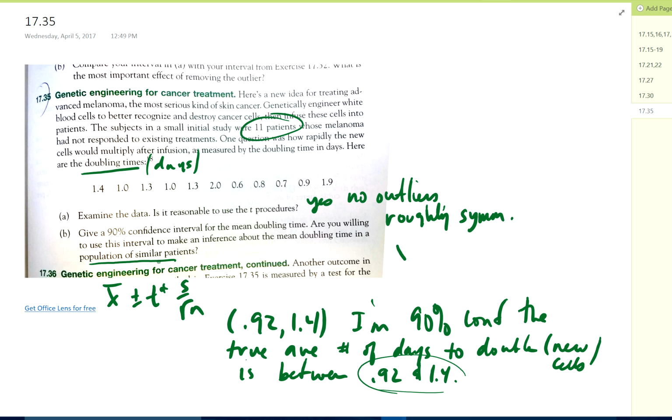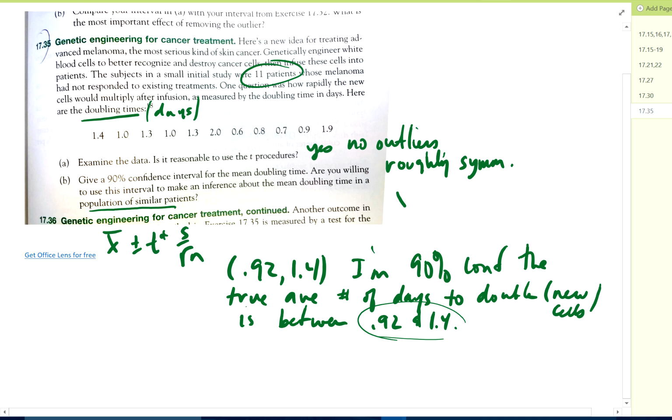I don't really see a reason not to, other than the fact that it's a small sample. I'd like to see another sample. In real life, they would probably repeat this several times before they started saying, "Hey, this really does work," because it is a small sample. But other than that, it looks promising. Okay, there you go.